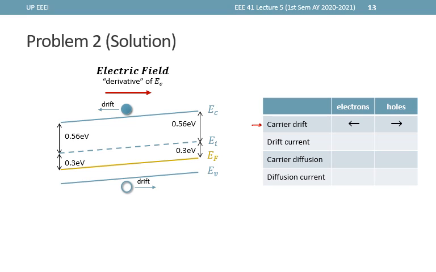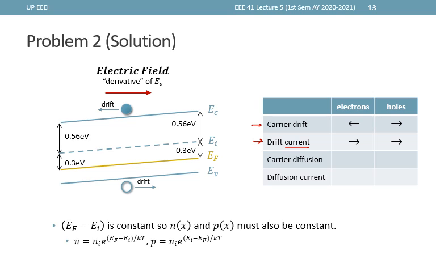Next, the drift current is related to the carrier drift, but since this now is drift current, and current is the flow of positive charges and the electrons are negatively charged, therefore we'll have to flip or negate the direction of the carrier drift of the electrons. Whereas for holes, we can simply follow the direction of the flow of holes.